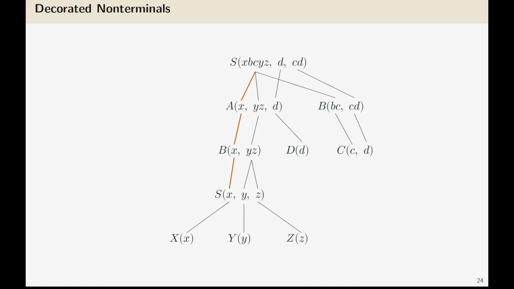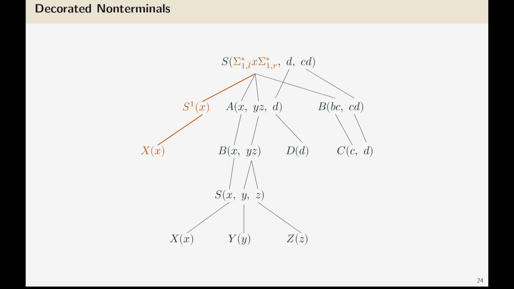And now we want to accelerate this register at the top. So we introduce these alphabets, sigma 1 left, sigma 1 right. We take them to the Kleene star because we're accelerating. And then we are introducing a new non-terminal on the left. That is just basically the S from the bottom, but we restrict it to the first component. And we do that because essentially what we'd like to do in the end is cut out everything in between. So this helps us shorten our derivation tree in the end.